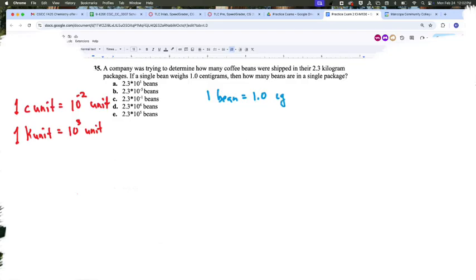What else do we see? I've got 2.3 kilogram packages. If we wanted to get real fancy on it, we could put the package label on that. You'll see very quickly I'm going to drop that off because I don't want to write it. And then what else should we see?